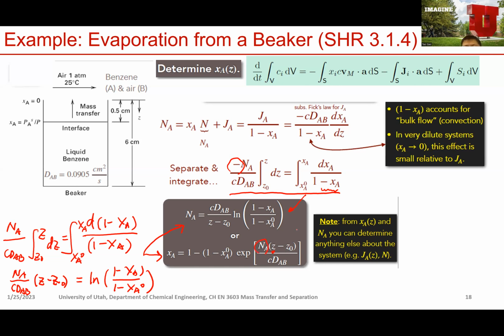But this is something you should be able to solve. Na should be able to be computed by computing the evaporation rate, right? That's something we can do from thermodynamics. Then you get Na, and with this equation we can compute xa as a function of z. Okay. Questions?